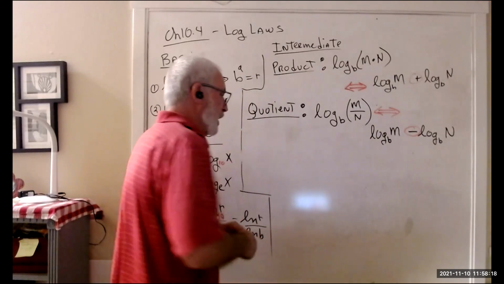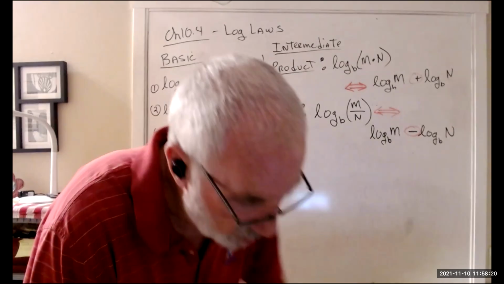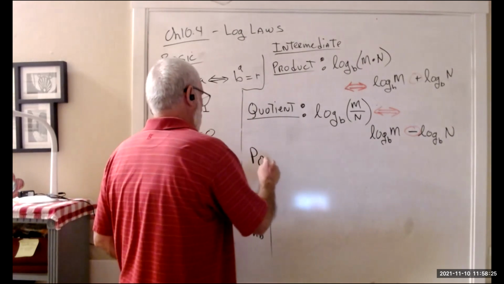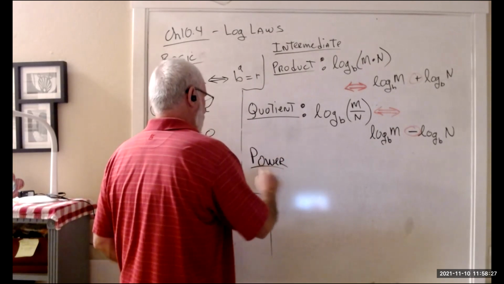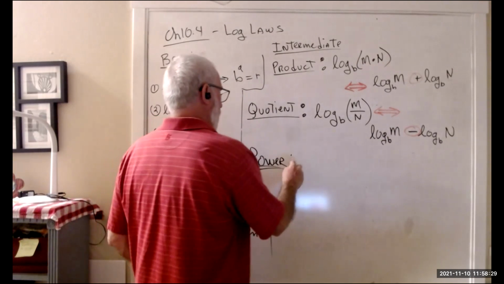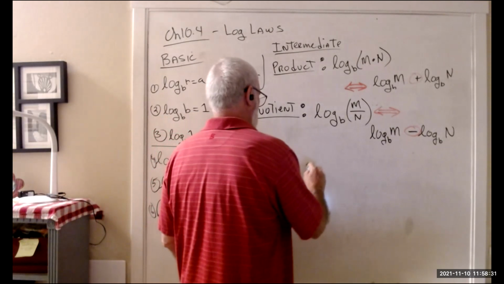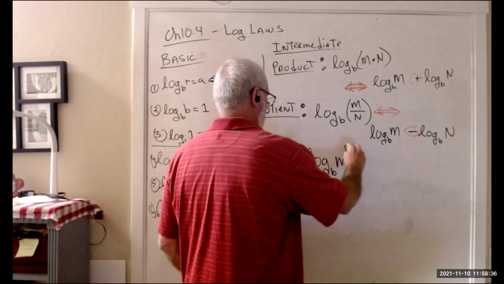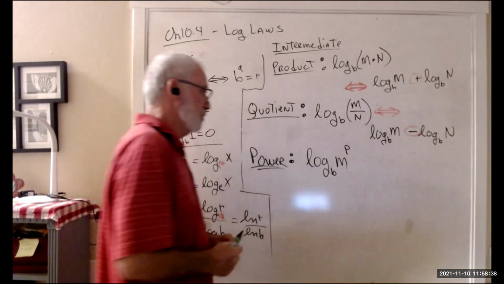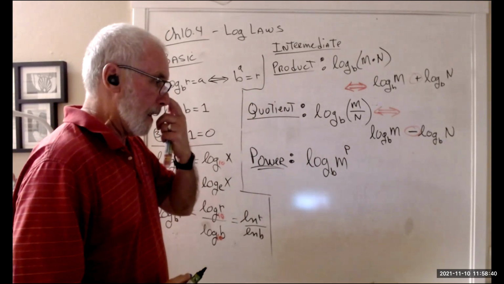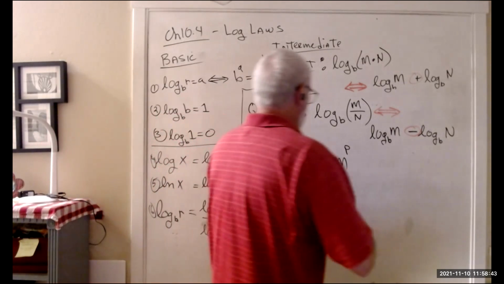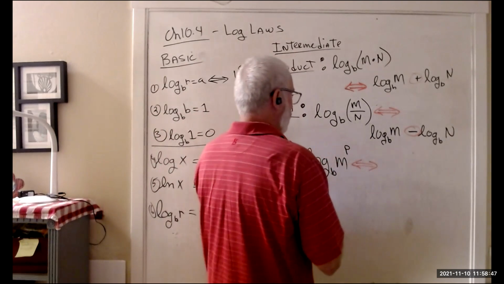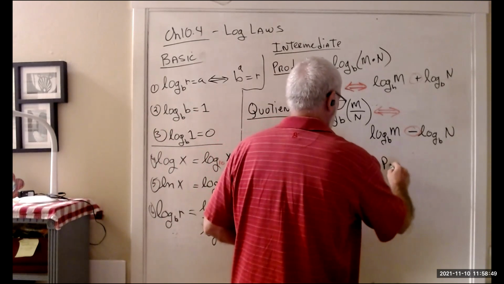Okay, the last one, what did he call it? He called it the power rule, which is good. If you have log base b of m to a power, again bidirectionally, you can bring that power in front.